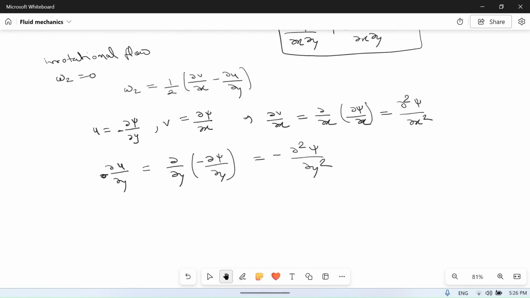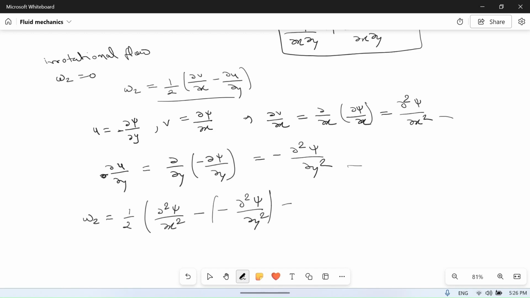Okay, so if we put these two values in this equation, then omega z is equal to half of del square psi upon del x square minus, this is also minus, del square psi upon del y square, which is equal to 0 for irrotational flow.